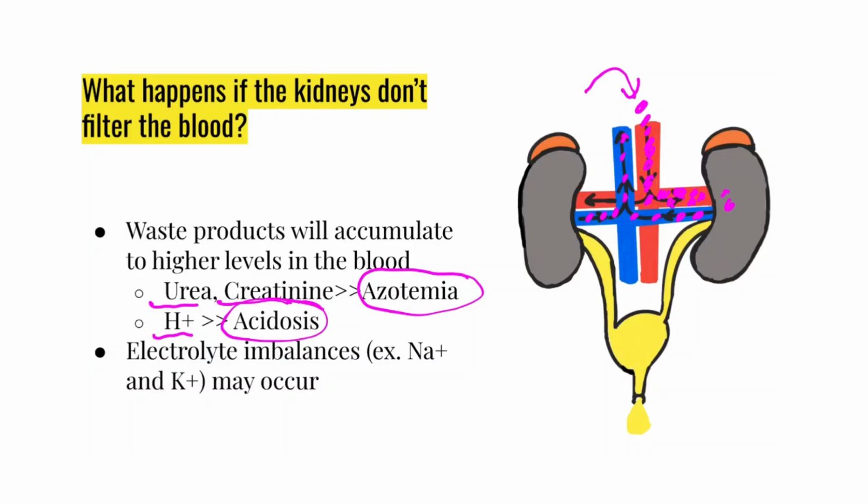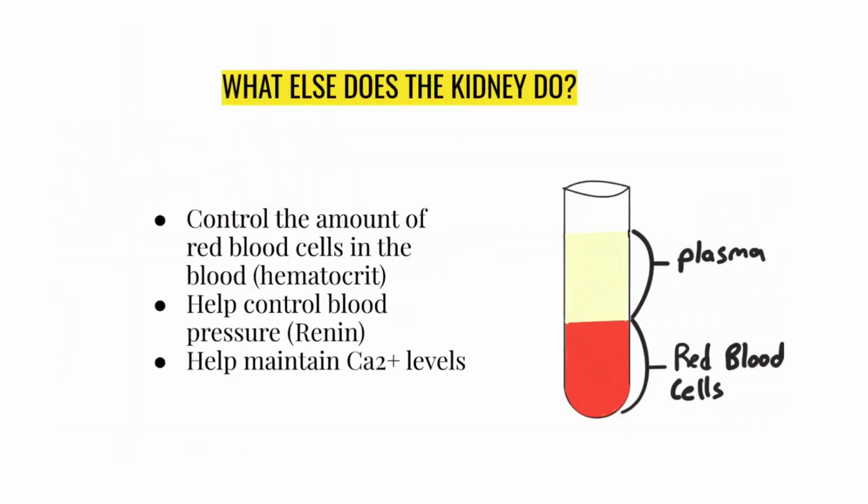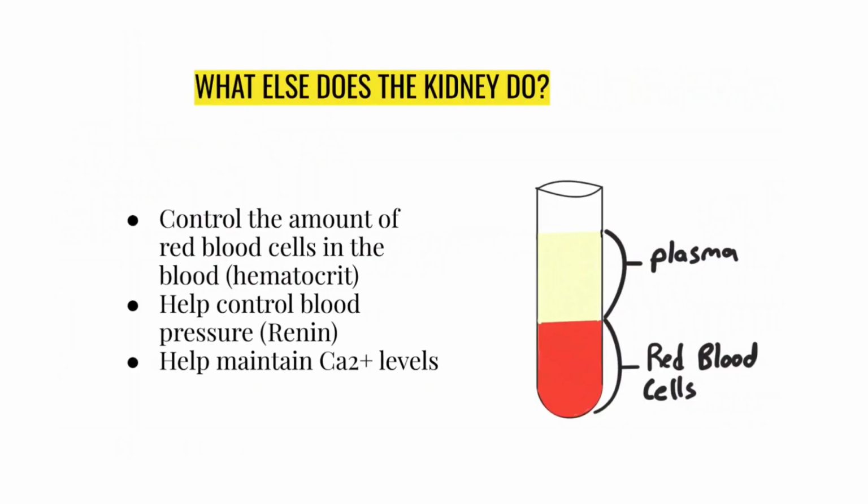In addition, we will have electrolyte problems, right? Because the kidneys, when they're functioning properly, are maintaining things like sodium and potassium, and also calcium levels, we'll see. So the kidneys do have a few other jobs besides just getting rid of waste. They also are actually important in controlling the amount of red blood cells in our blood, right?